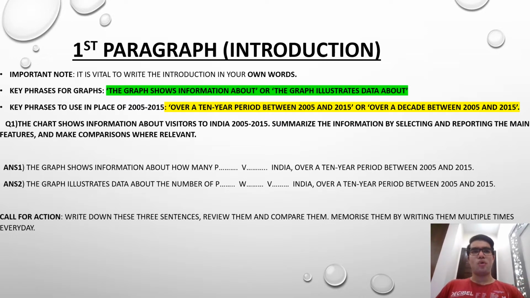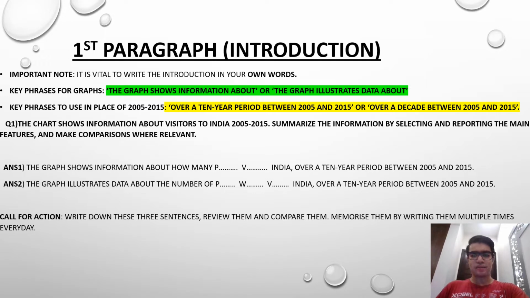You could say "over a 10-year period between 2005 and 2015," or you could also say "over a decade between 2005 and 2015," because from 2005 to 2015 it's over a decade, and a decade is 10 years, okay?